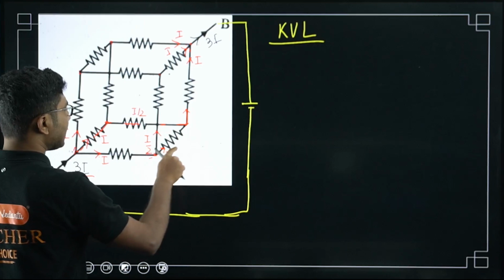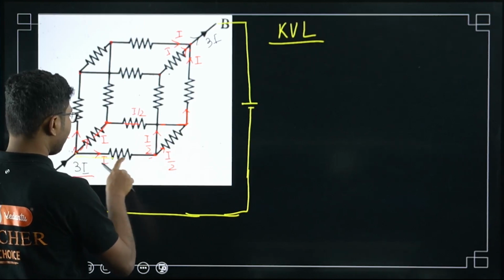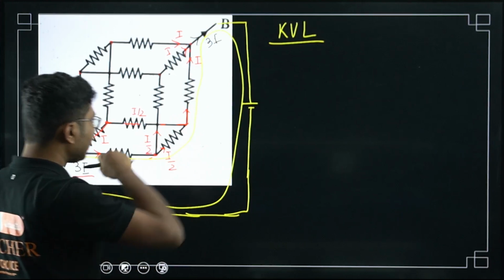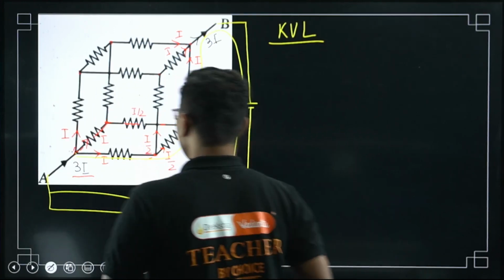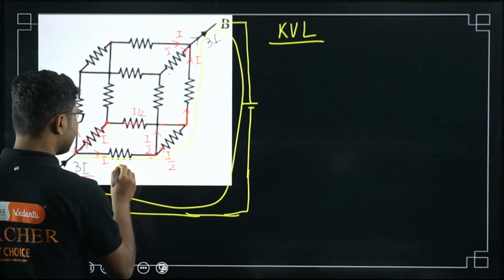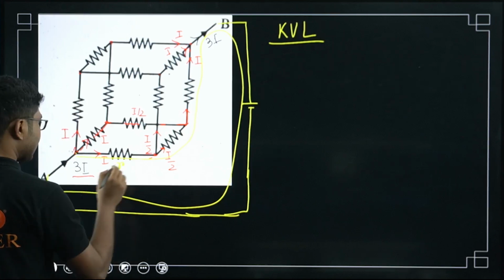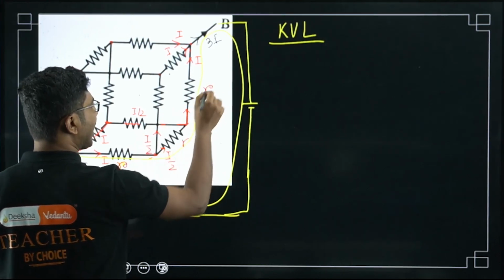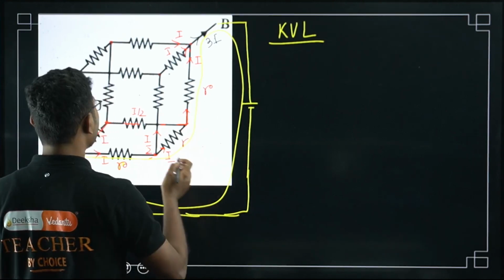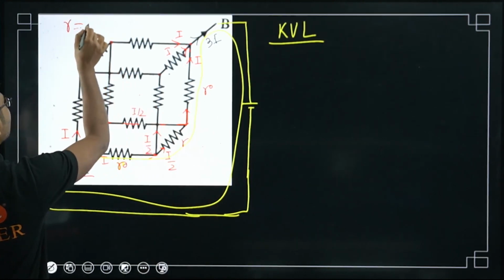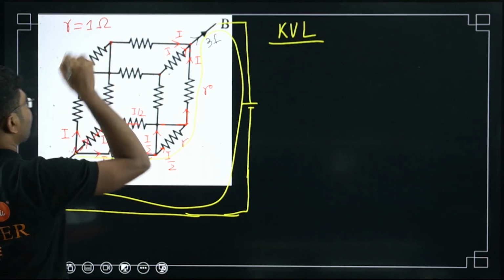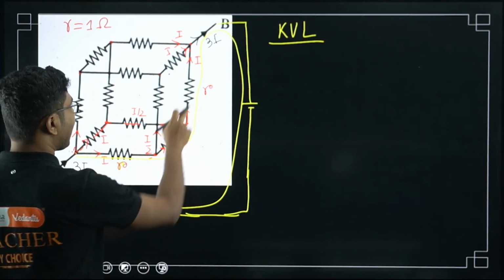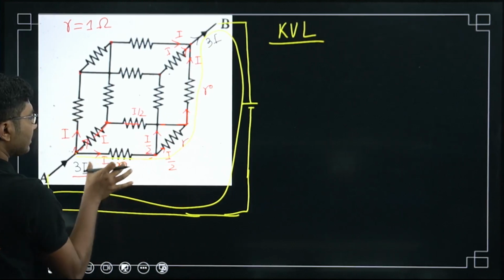Now, consider this path, this loop. For now let's assume that each of the resistances is small r, all of them having the same value, 1 ohm, as given in the question. Now what do you have to do? If you consider this path, what is the voltage drop across this resistance?